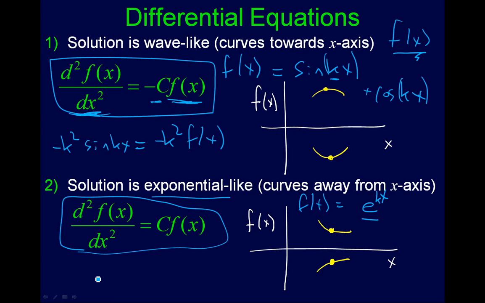So if I take two derivatives of this, I'll get k squared e to the kx, which equals k squared times my original function. And in fact, what also would work is e to the negative kx, and so that would be the general solution for that. Okay, so these are the two, like I said, most common differential equations we come across, and so it'll be helpful for us to almost have the solutions of these memorized.